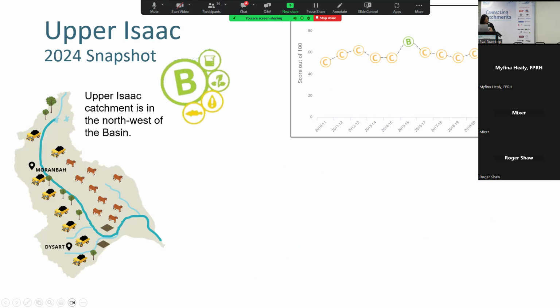Upper Isaac snapshot, another B, so you could understand why the report card overall actually stays at a B. The trend is more or less the same, has been fair, but then it's maintained the B this year.